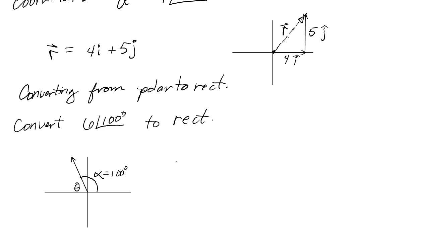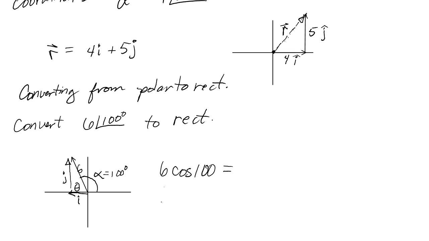Now there's a simple prescription for converting to rectangular, and the main objective here is to figure out what are the i and j components. So in order to find the i component, we're going to take this length, which is 6, and multiply it by the cosine of alpha.